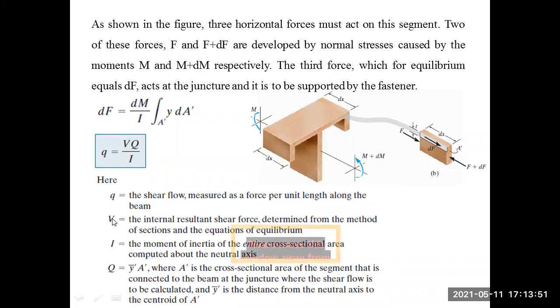V is the internal shear force, I is the moment of inertia about the neutral axis of the composite shape, and Q is the moment of area of the part of the cross section at the section. If you take a section over here, once we solve the example, we could see what Q is. You could see it visually.